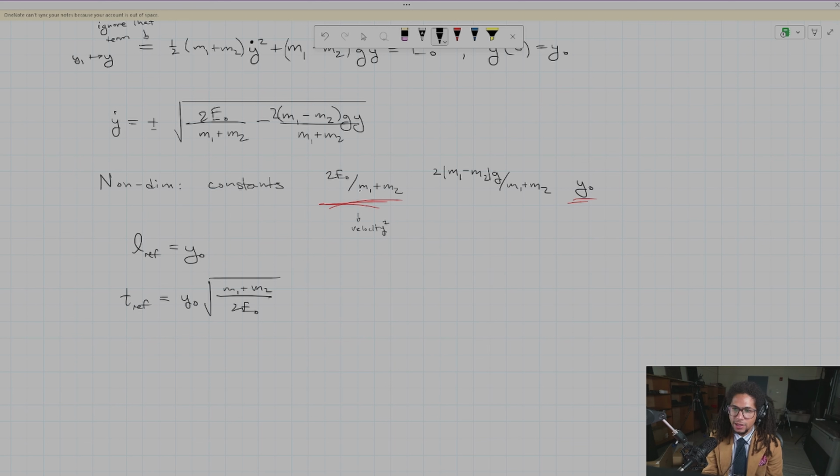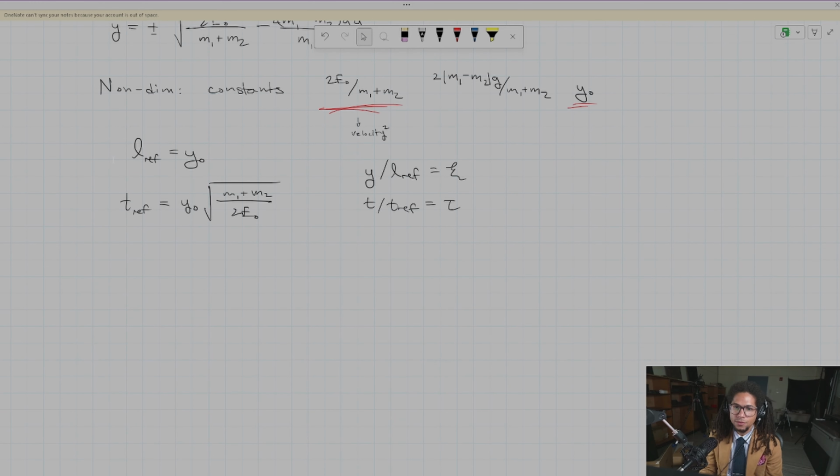Okay, let's let y over L ref equal c and t over t ref equal tau. Good. Now my equation can be rewritten.